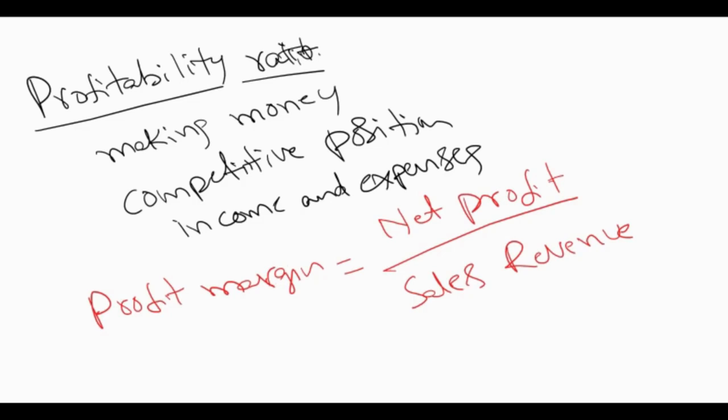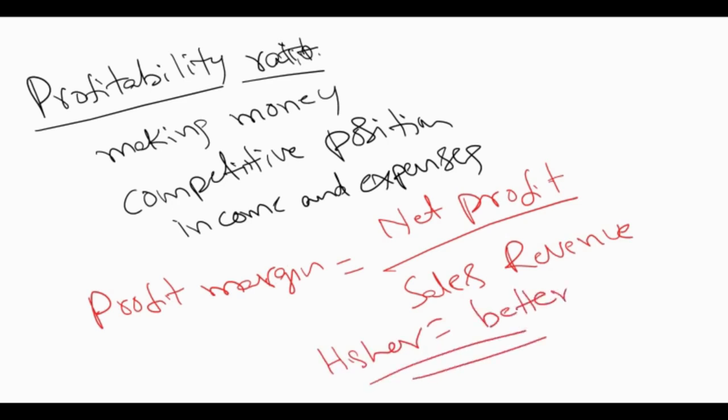A higher value is the better ratio. So when you calculate the profit margin, if it is higher, then it is better. How do you decide whether it is higher or lower? It is known when you compare with your competitors or any other businesses in the same type of business, right?